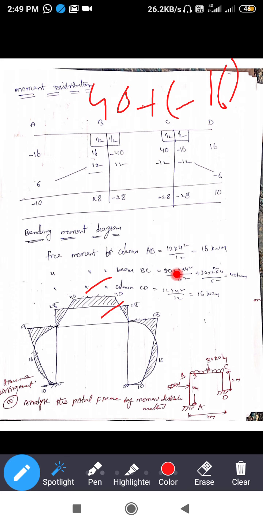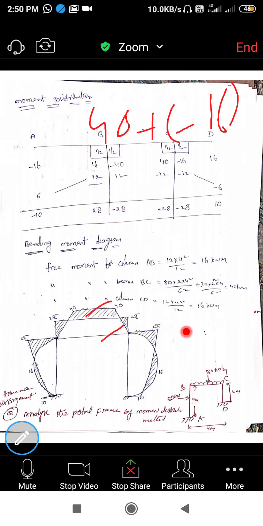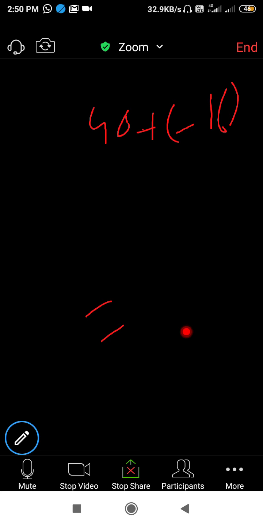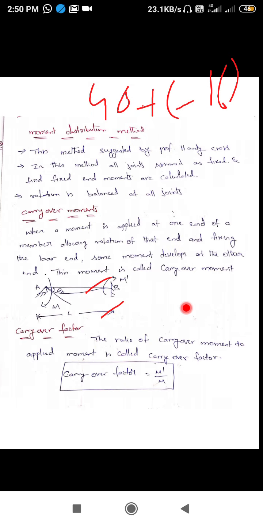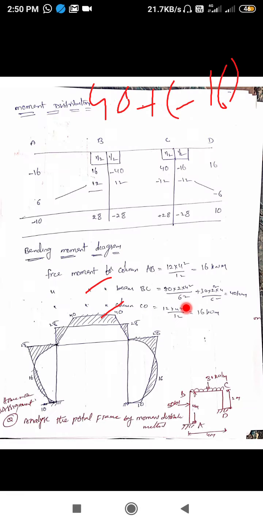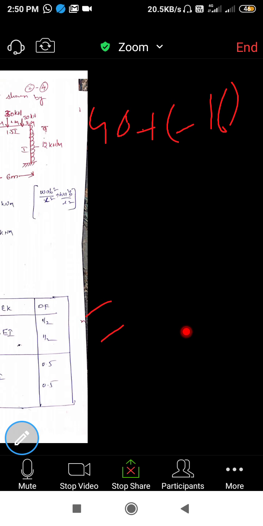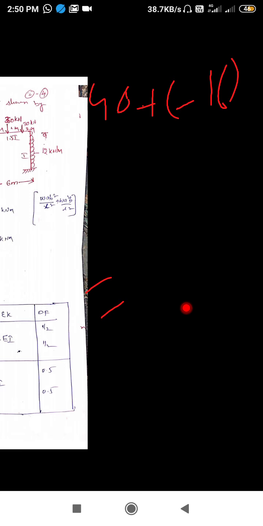In the initial stage, we got moment for AB minus 16, moment for BA plus 16.